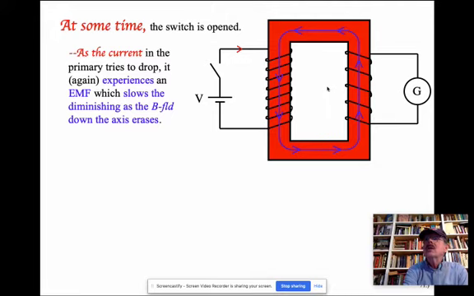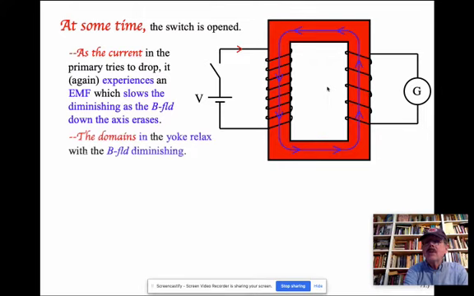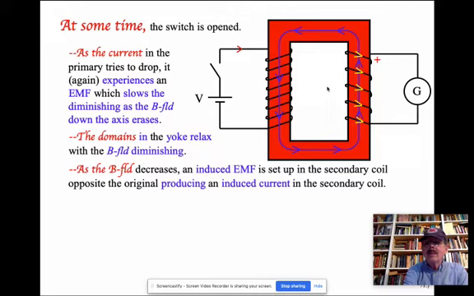And as it's diminishing, the magnetic flux produces an induced EMF, which produces an induced current that happens to be opposite the direction that we had before. But in any case, you get current through the secondary. So once again, you've transferred power from the primary to the secondary as the magnetic flux is changing.